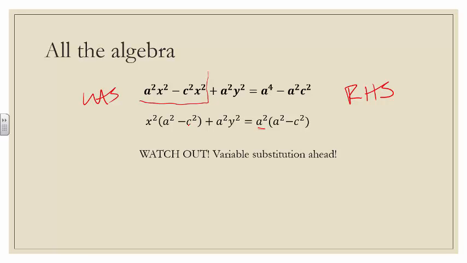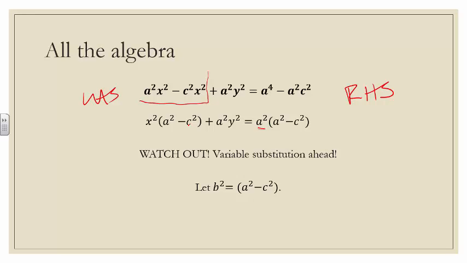Here's the tricky part. We're going to make a variable substitution. We're going to let b squared, a new variable, we did not previously have any b's, equal a squared minus c squared.